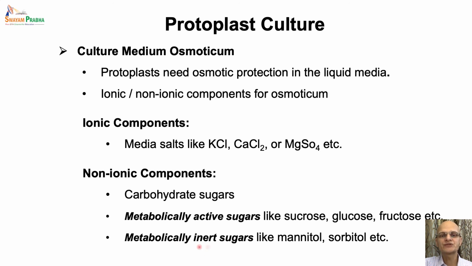Therefore, use of the metabolically inactive sugars is advantageous and crucial, as these are not utilized by the growing cells and therefore work as an osmotic stabilizer in the culture medium.